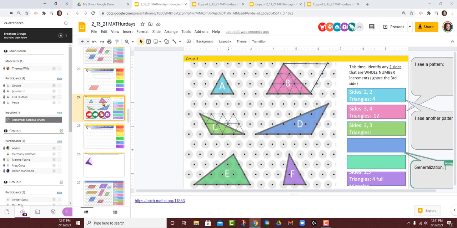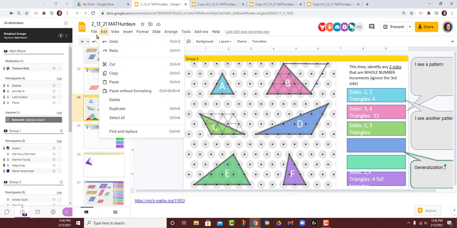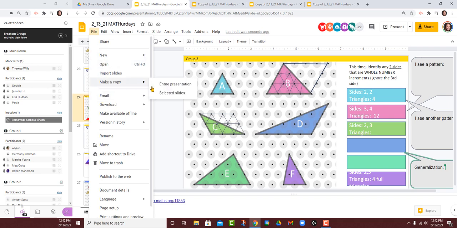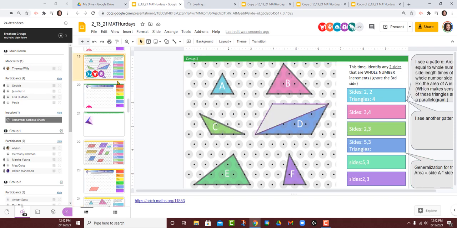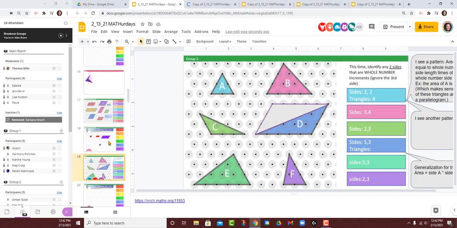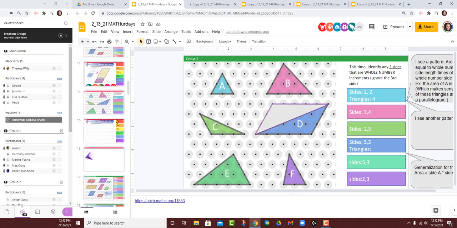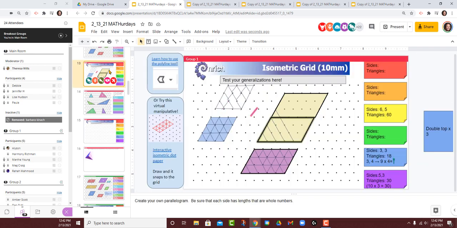I'm thinking half of what we had done on slide 22. If we extend it out like we did on B, it's half of that amount, which is what we were doing on 22. But it's the two whole number sides multiplied together that give us the number of triangles.